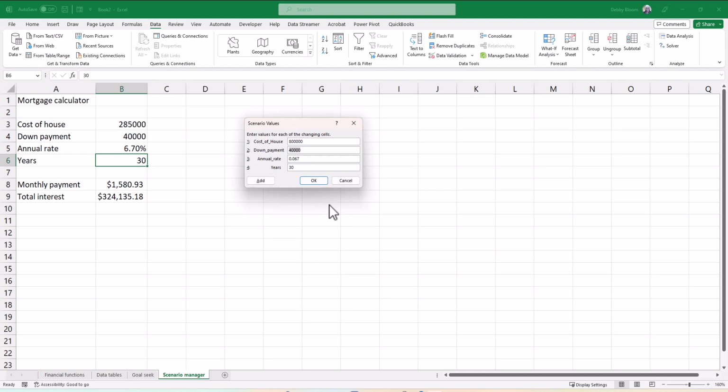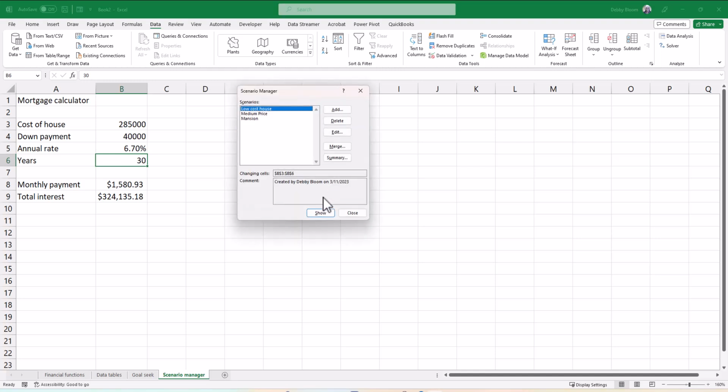We're going to put $200,000 down. We're going to have an annual rate of 6.2%, and this one will go the full 30 years. Now that I've entered 3 scenarios, I'm going to click OK. And once again, if you want to add more, all you have to do is click Add.